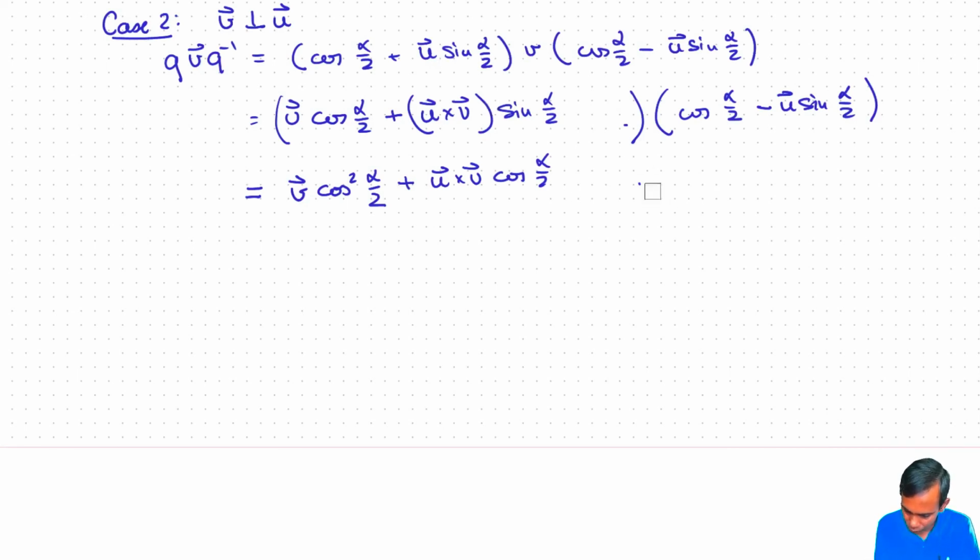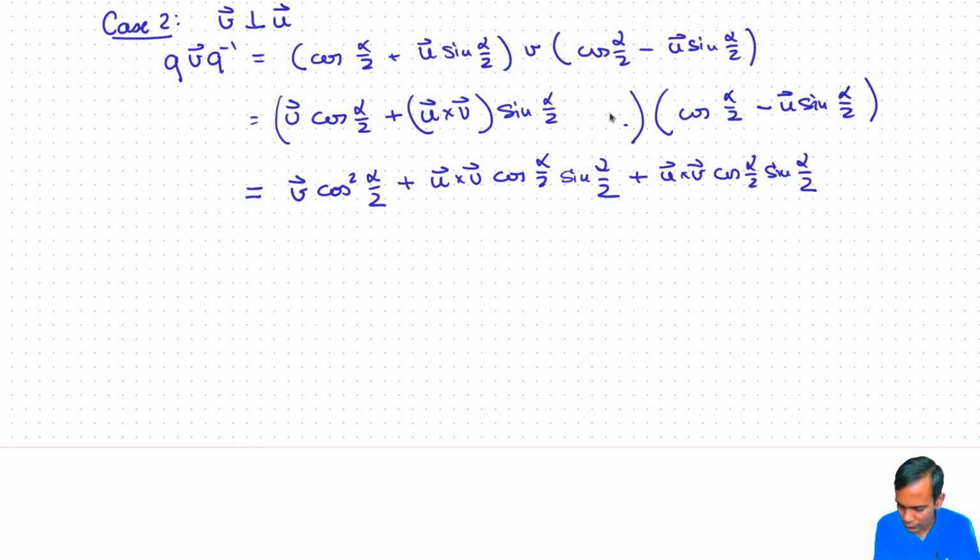So I get u cross v, whereas here I have u cross v cos alpha by 2 sin alpha by 2. Okay, that was the first term, and for the second term I have u cross v, again u cross v cos alpha by 2 sin alpha by 2, and then the last I take the second term from both factors and I get u cross v cross u.